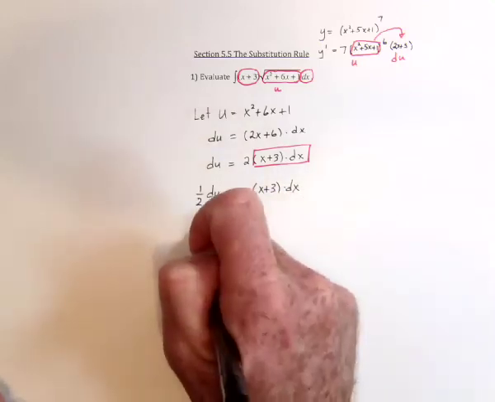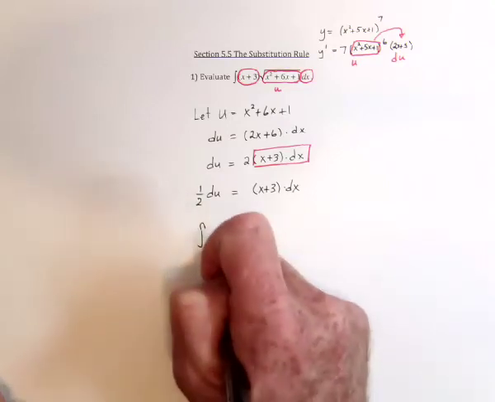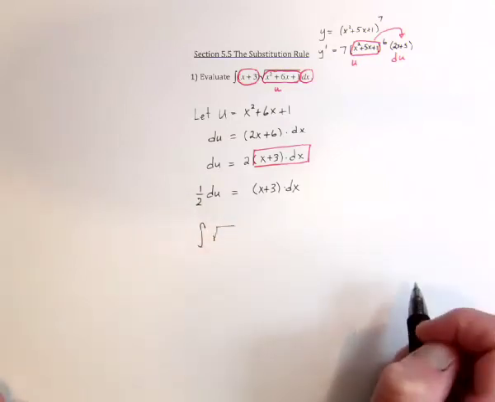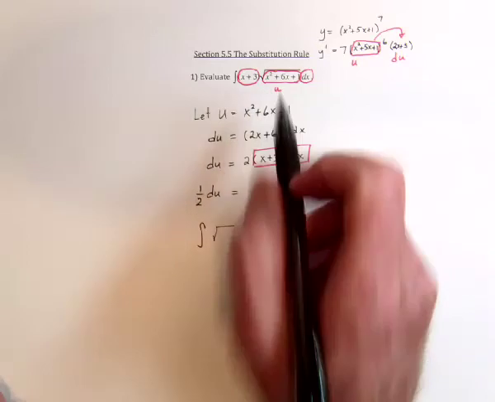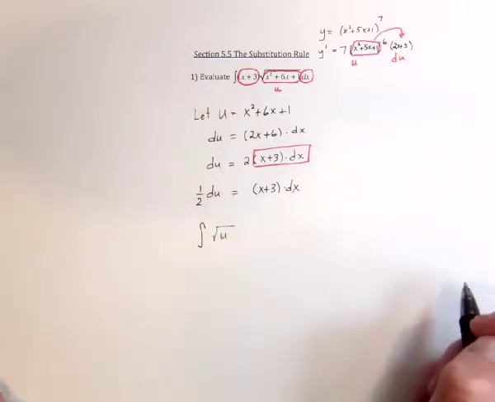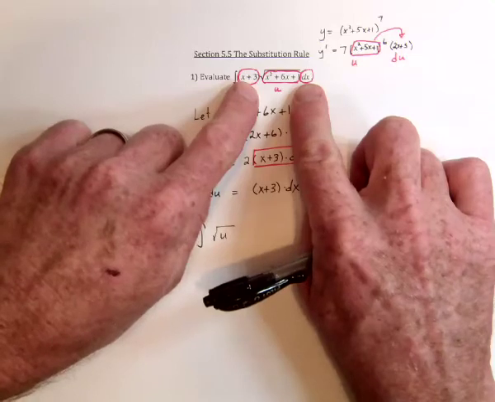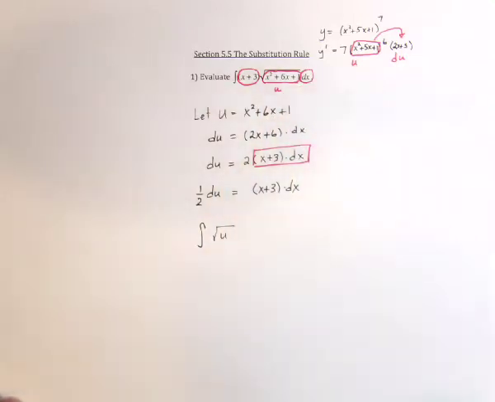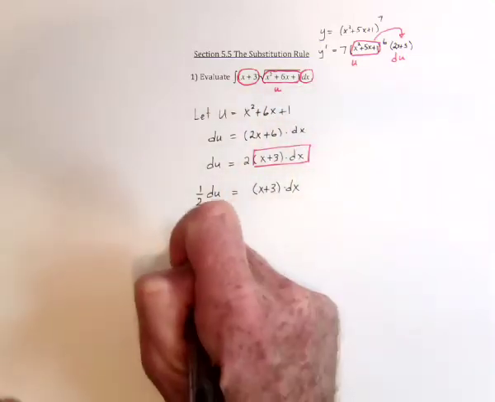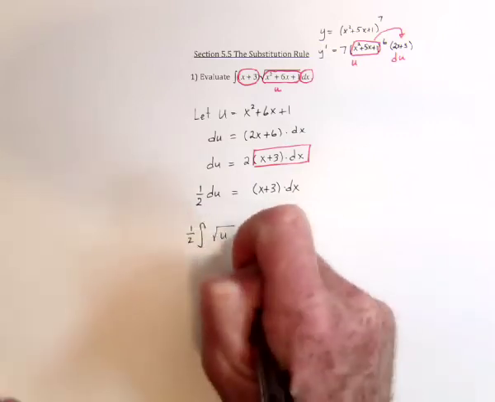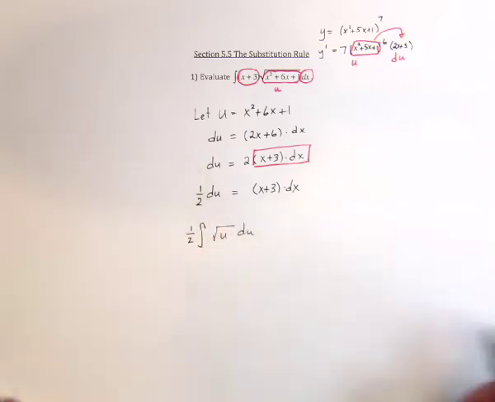So we'd have the integral, the square root stays there, and inside the square root is just the letter u. And then replacing both of these is a 1/2 du. Constants that are being multiplied can be factored out, so I'm going to write the 1/2 du like this.